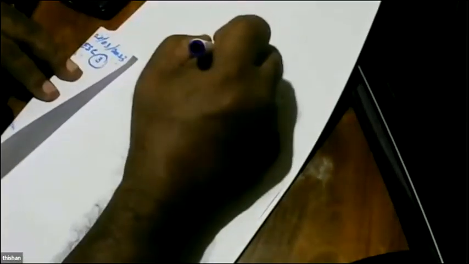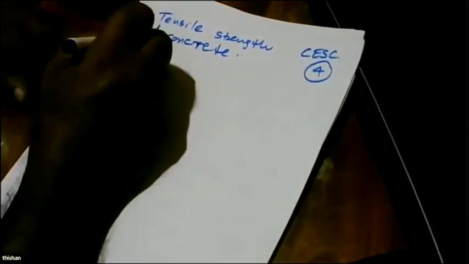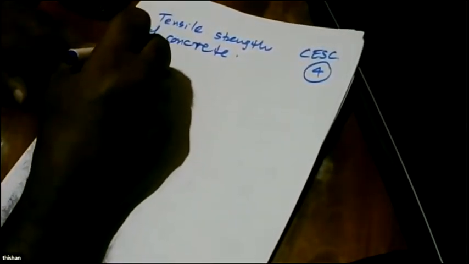So then if you look at the situation with respect to the tension in concrete, the tension values were actually limited to the tensile strength of concrete. If you limit it to the tensile strength of concrete, then no cracks.